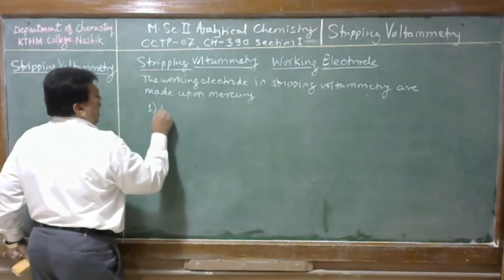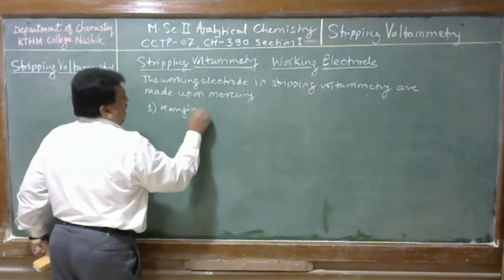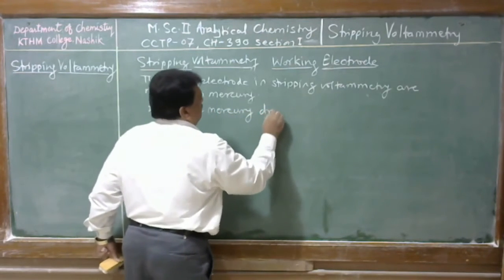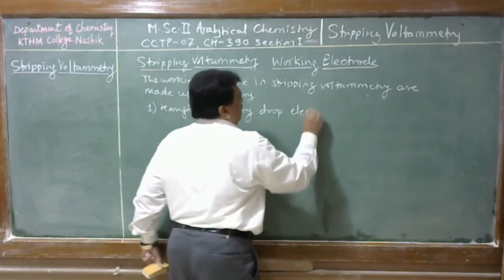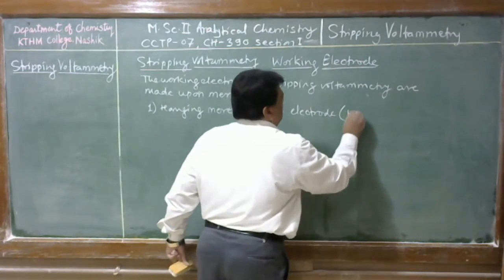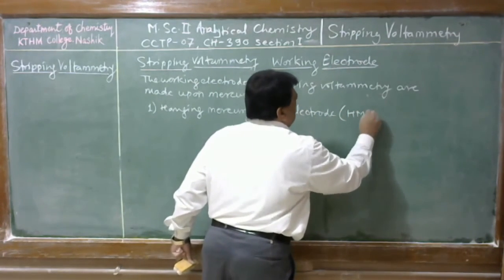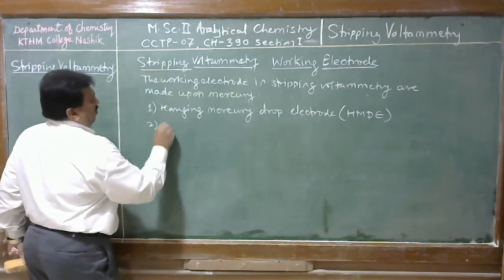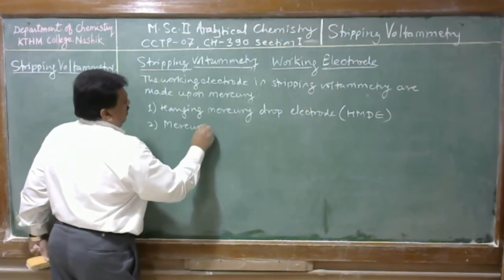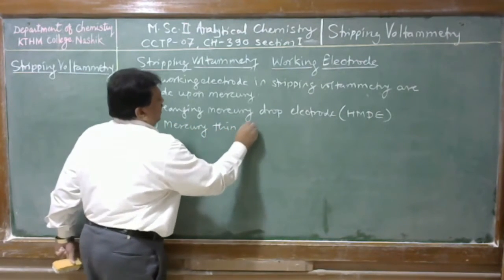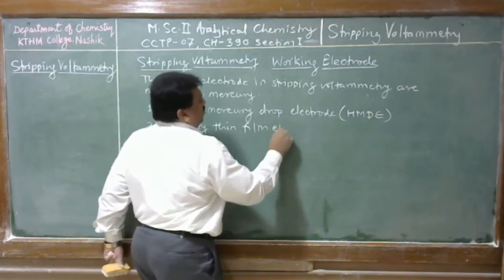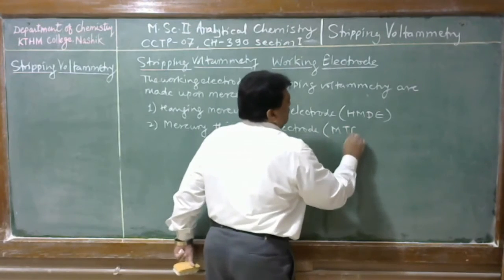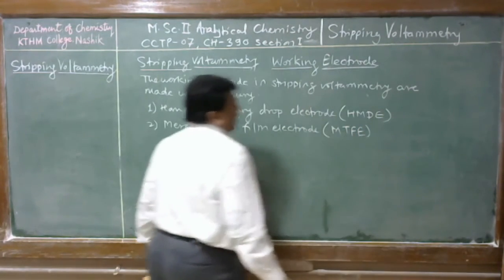Generally, a hanging mercury drop electrode and a mercury thin film electrode are used in stripping voltammetry.